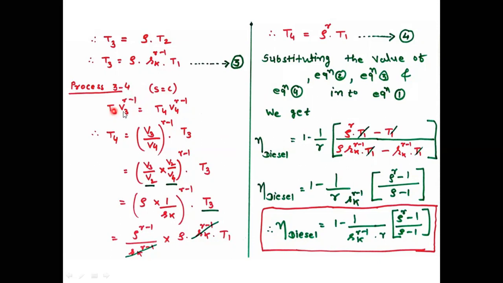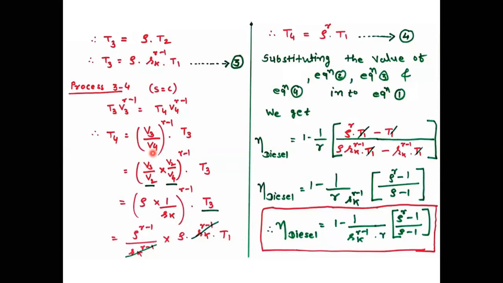So I can write T3 V3 raised to gamma minus 1 is equal to T4 V4 raised to gamma minus 1. I take this V4 raised to gamma minus 1 on the left hand side. So I can write this equation: T4 is equal to V3 divided by V4, whole bracket raised to gamma minus 1, into T3.